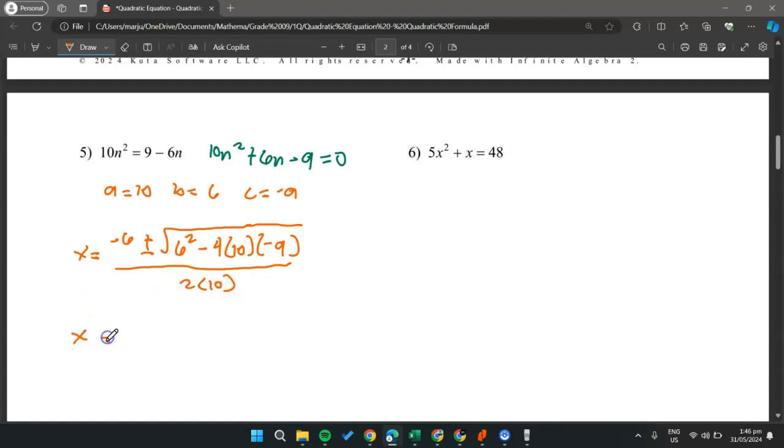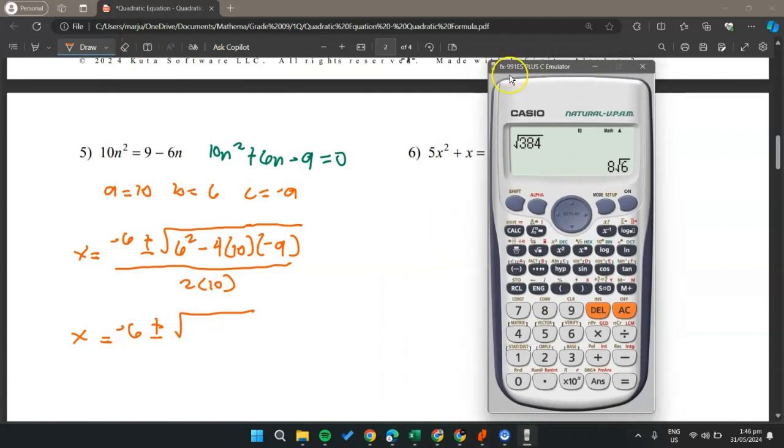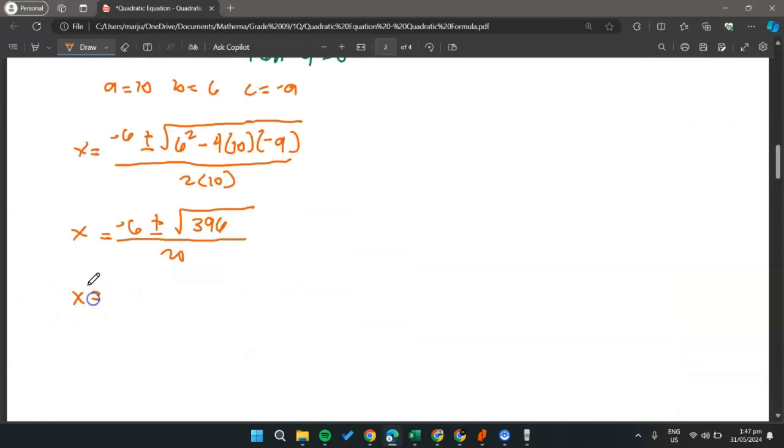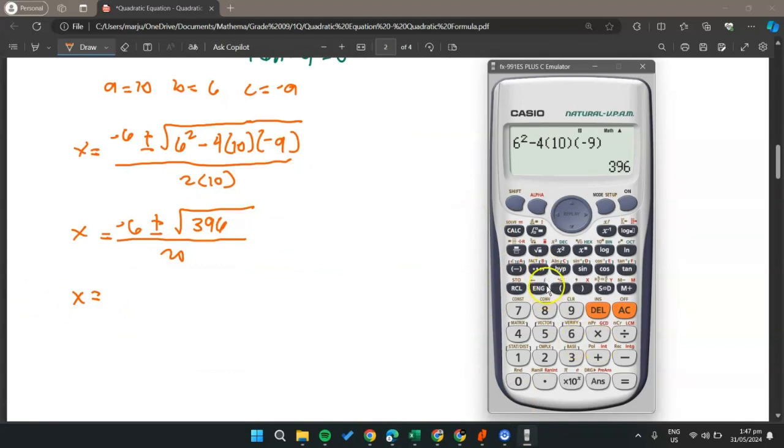And then we'll do x is equal to negative 6 plus minus, what is 6 squared? So we have 6 squared minus 4 times 10 times negative 9. That gives you 396. So 396 divided by 20.